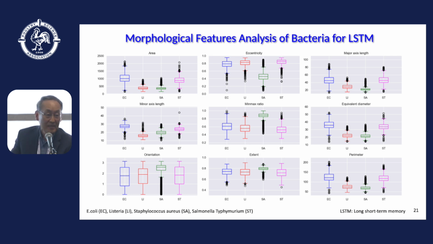Because E. coli and Salmonella are gram-negative, the cell size is normally a little bit bigger. And Listeria and Staphylococcus are gram-positive, so the cells are small.